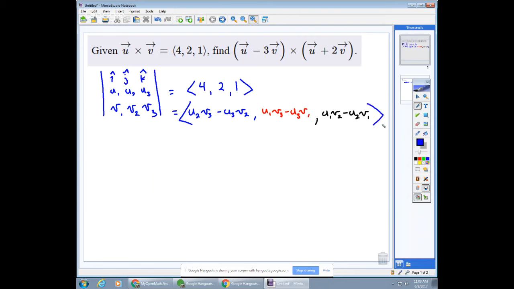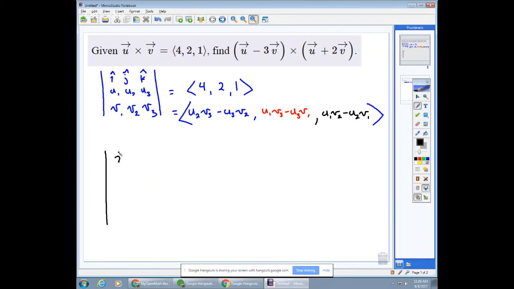All right. We are trying to find the cross product of U minus 3V and U plus 2V. So what is that going to look like? Switch color.